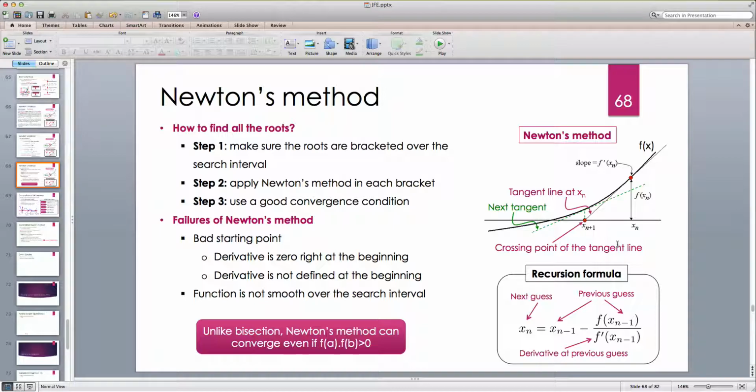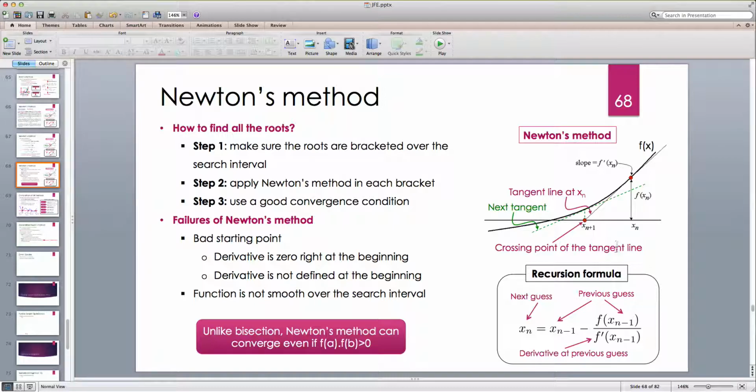Newton's method has a quadratic convergence rate, which is better than bisection, which is linear, or secant and Brent, which are superlinear. The convergence rate is 1.4, 1.5, around that number, not exactly 2. But for Brent, things are a little bit different, because you can use different interpolating functions.